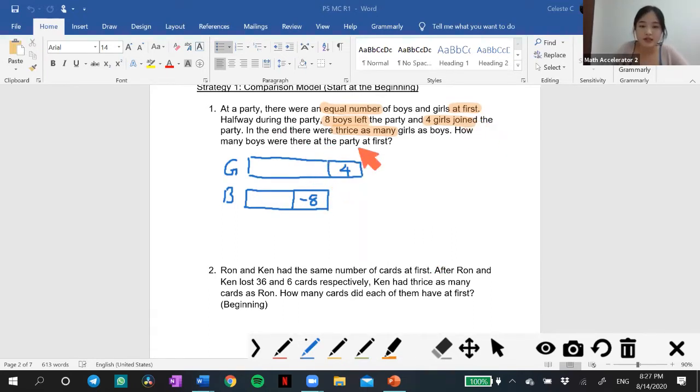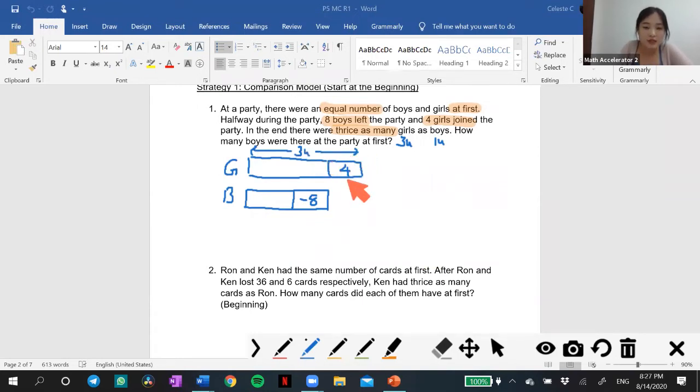Right, then in the end, there were twice as many girls as boys. If twice as many girls as boys, it means that the girls should have 3 units and the boys 1 unit. So in this model that we have here right now, the girls in total will be 3 units.